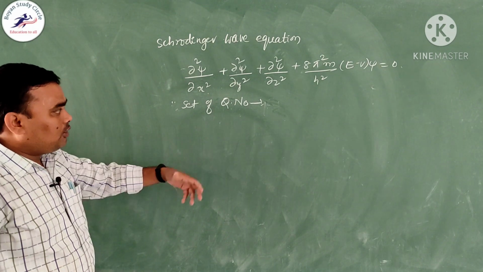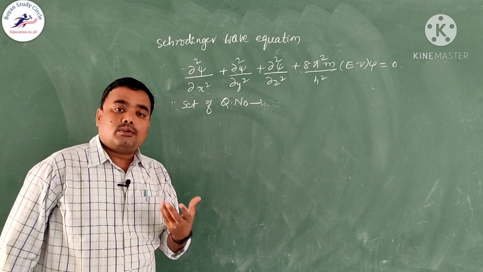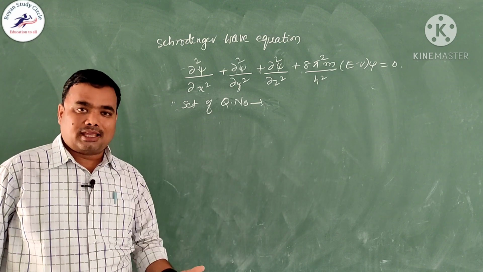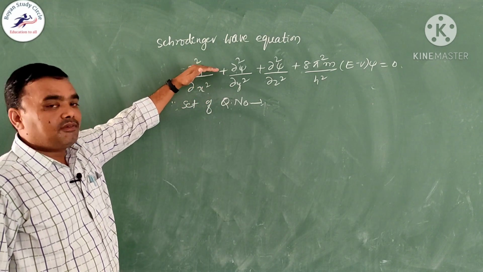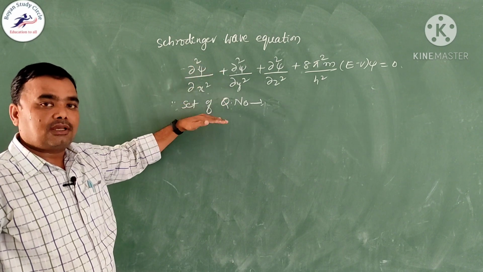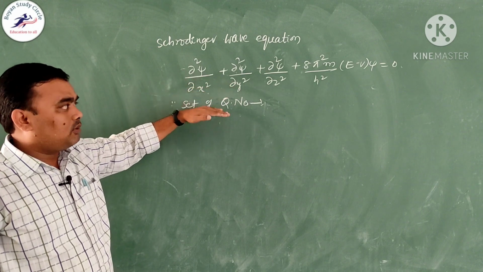So, when you are asked how the quantum numbers are arrived at or derived, you have to answer that the quantum numbers are derived by solving the Schrodinger wave equation.